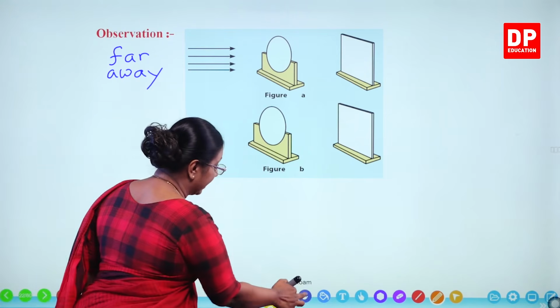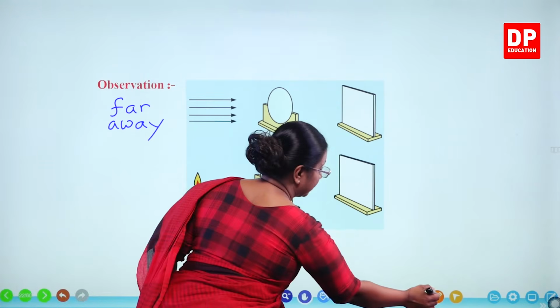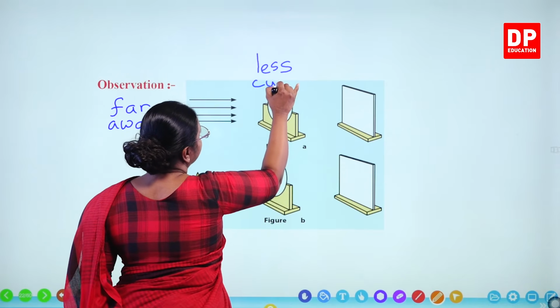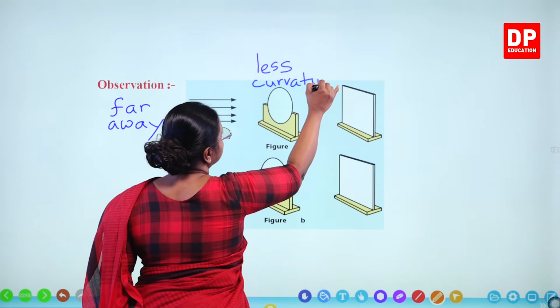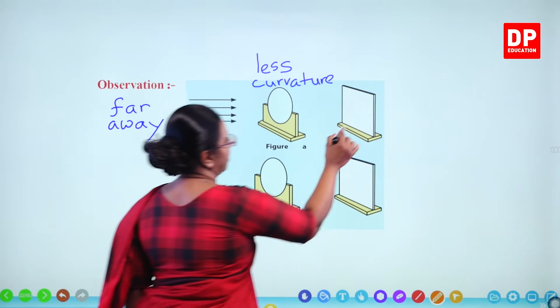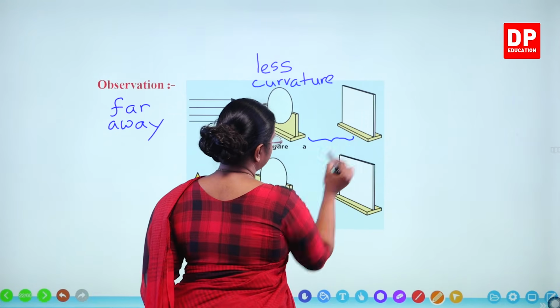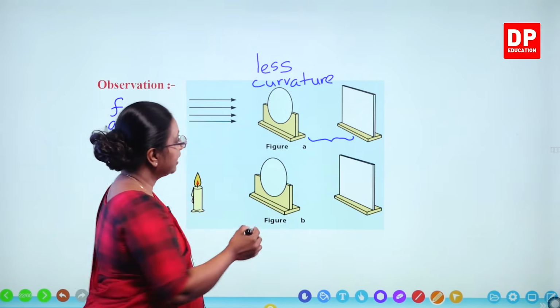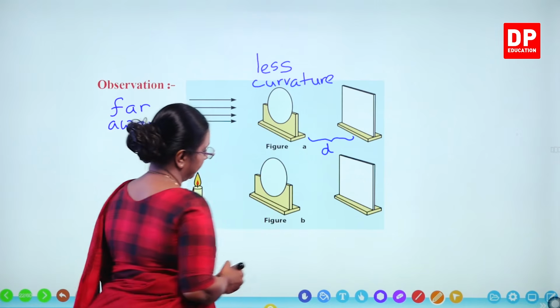We use the lens with less curvature. And you were able to get the image there. So here, this was the image distance. Let's say I will mark it as D.